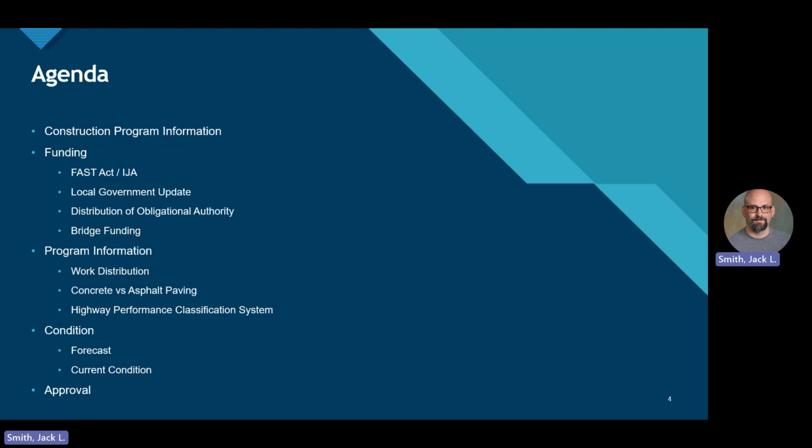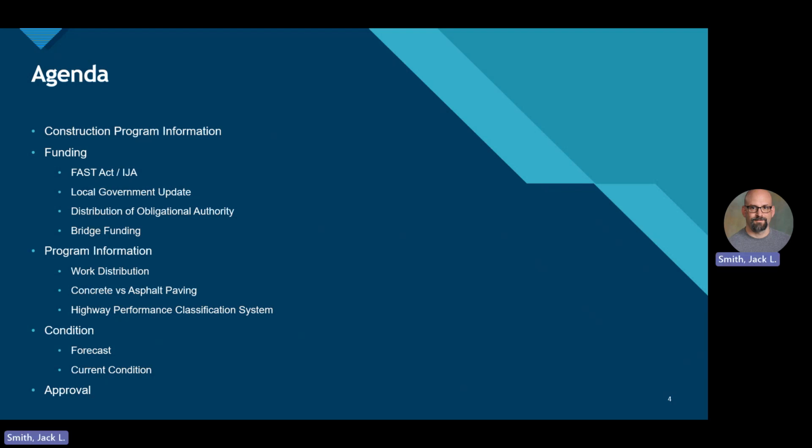The agenda of the meeting includes the following: construction program information, and funding information, which typically includes the most current bill. So the last funding comparison, we showed the FAST Act versus IIJA. Additionally, local government gives an update.